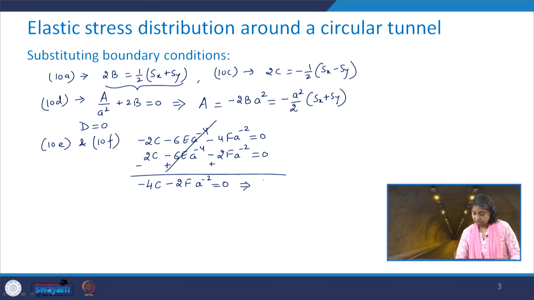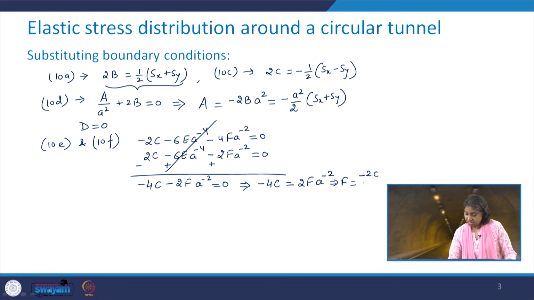From here what we can get is 4C is equal to minus 2F a to the power minus 2, or you can write as minus 4C equal to 2F a to the power minus 2, or in other words we can write it as F equal to minus 2C upon a to the power minus 2.